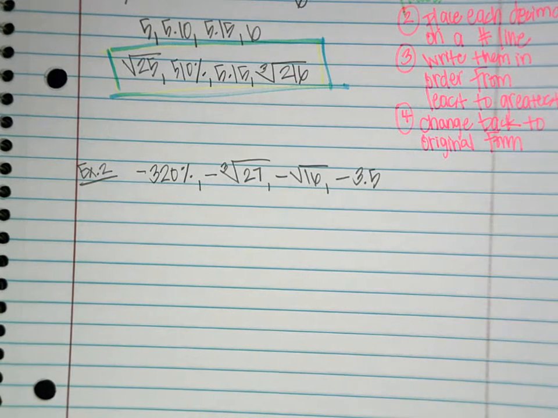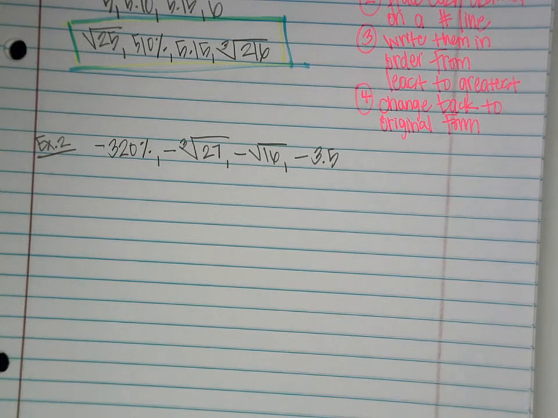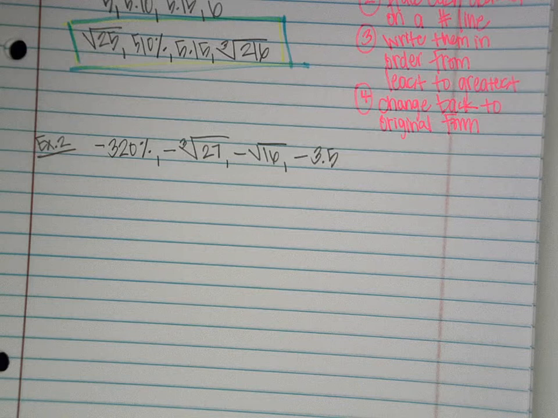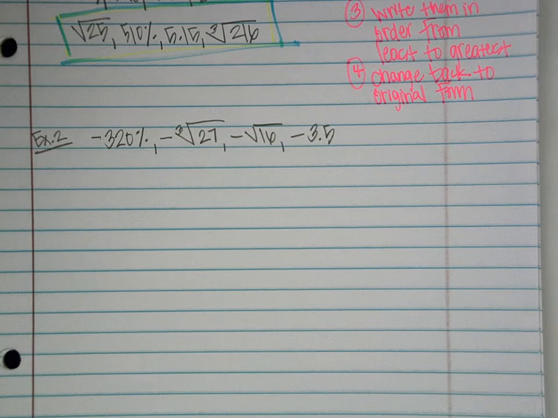Those 4. Place those in order from least to greatest. Write it down, Dustin. Write it down. Place those in order from least to greatest.